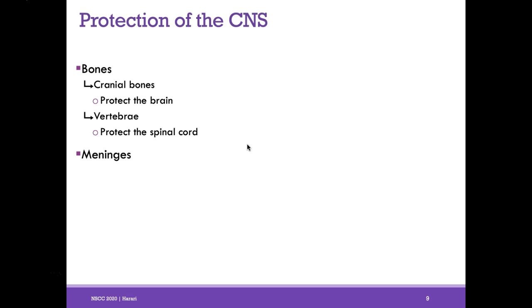So meninges are something that we spoke about very briefly in the context of connective tissue, I believe. So meninges are the membranes that protect our brain. They envelop our brain and they provide a structural framework for all arteries and veins to nourish our brain.